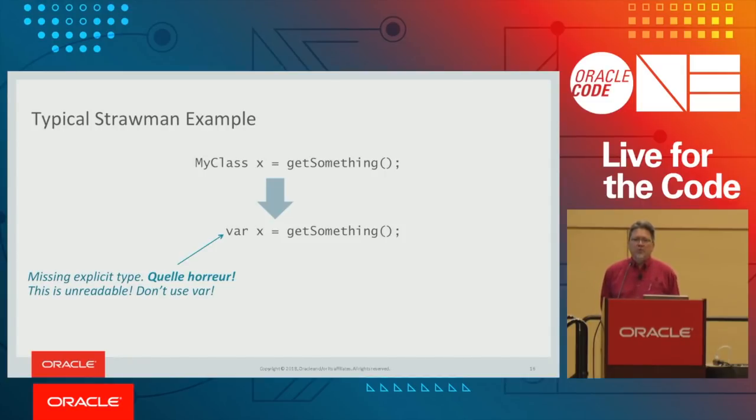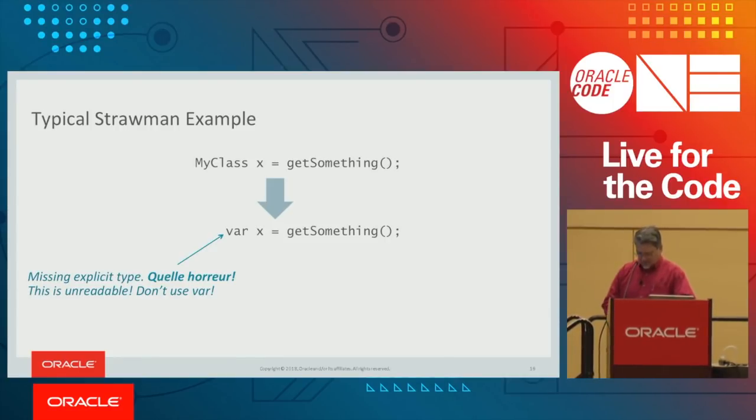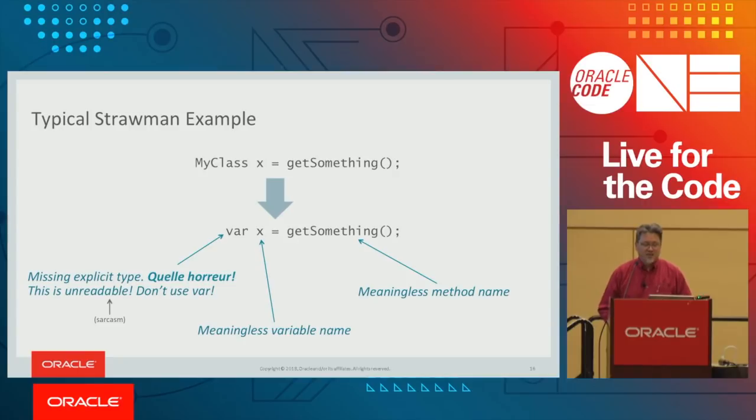Now, if I replace that with var, the explicit type is gone. This is unreadable. Don't use var. Well, I guess I'm not using lavalier anymore anyway. Okay, as you can tell, that's sarcasm there.